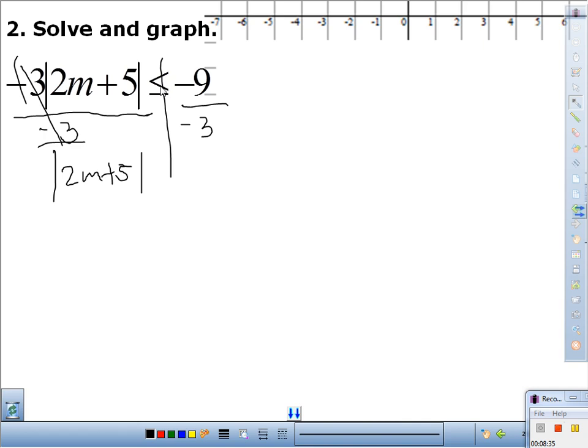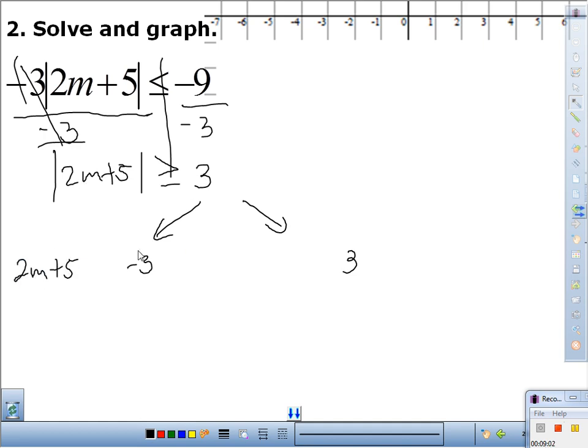What happens to the inequality symbol since we divided by a negative? It switches, so we're left with 3. From there, is there anything else outside the absolute value? No, we write two inequalities. One for negative 3 and one for positive 3. I bring this down. 2m plus 5.